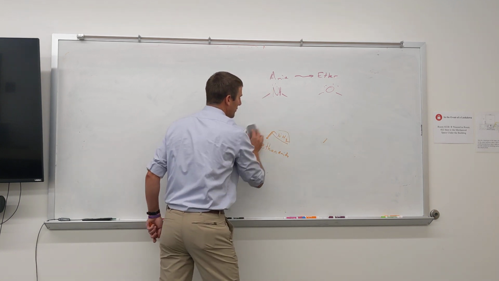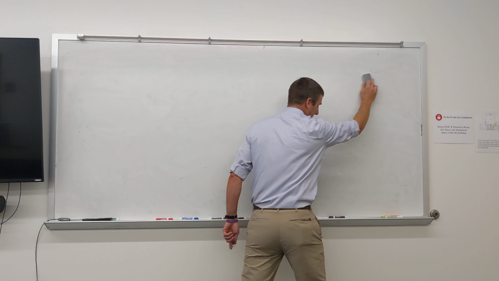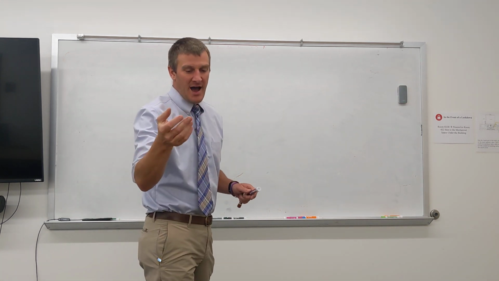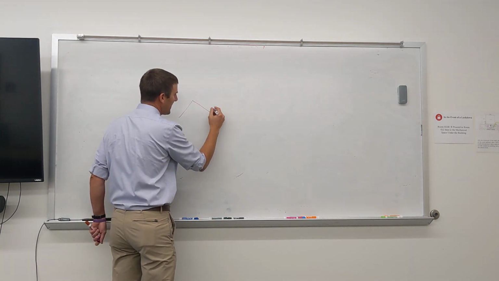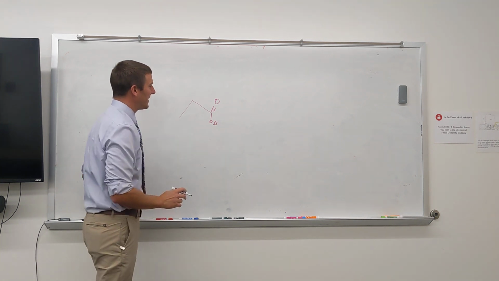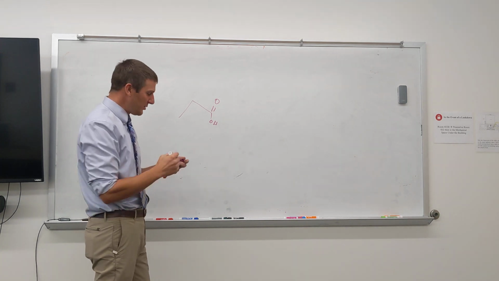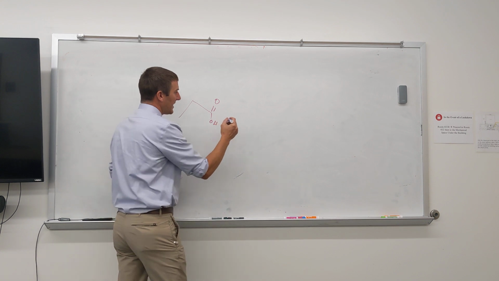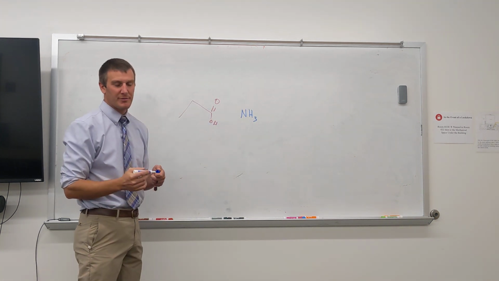So let's see if we can draw that all out. Propanoic acid. Prop means 3 carbons. Oic acid means on the terminal end of that prop, 1, 2, 3, I've got a carboxyl group, a C double bond O, OH. So this is propanoic acid. And to it I am adding ammonia, NH3.